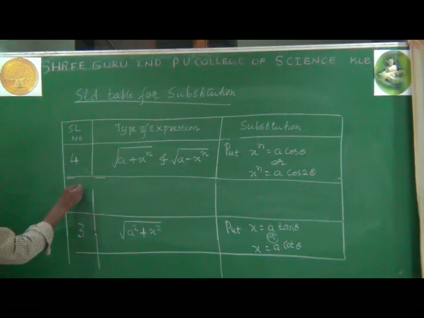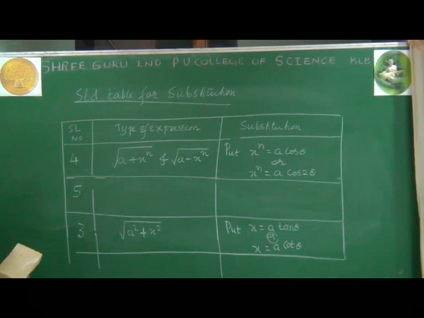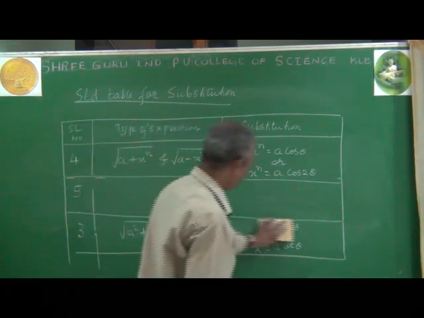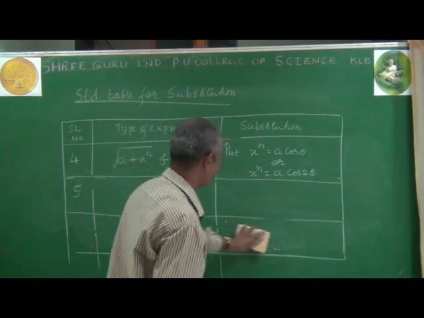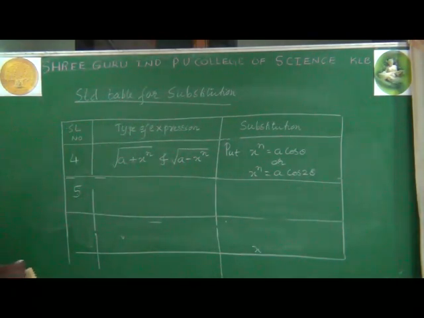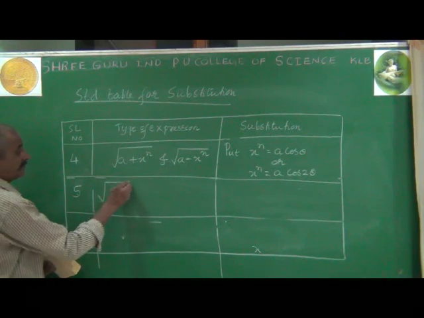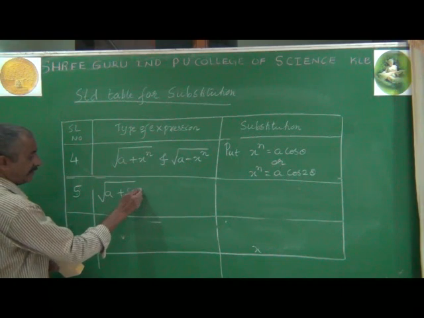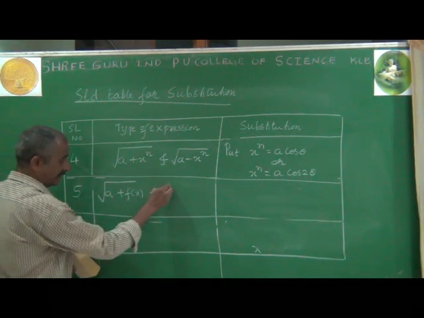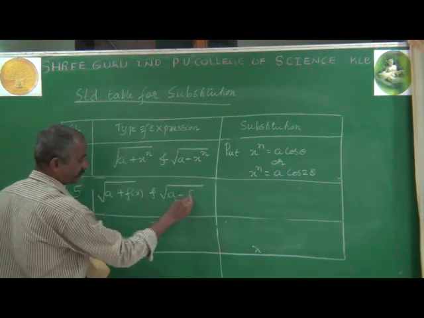Fifth one, under the substitution formula. Suppose we have square root of a plus f of x as well as a minus f of x.